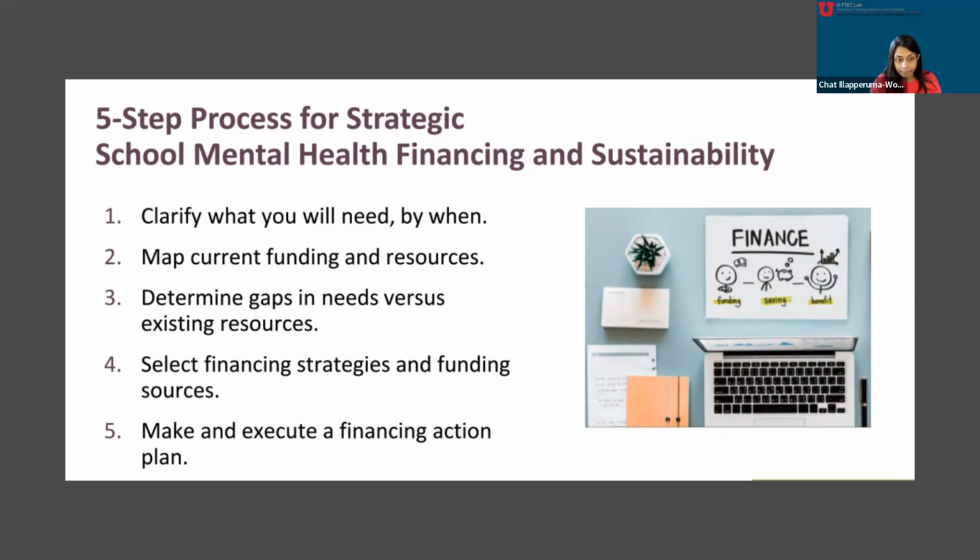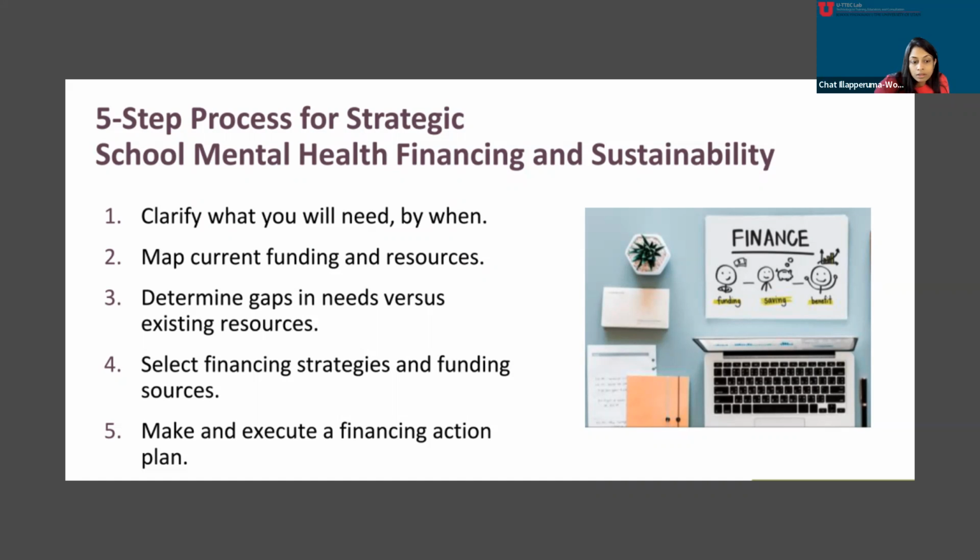And if there are gaps, what are those gaps? And then what is a financing strategy and funding source that you are thinking of? So we spoke about funding sources previously. So think about those and identify what works for your school, and what is your capacity to reach out and solicit those. And then you make and execute a financing action plan.